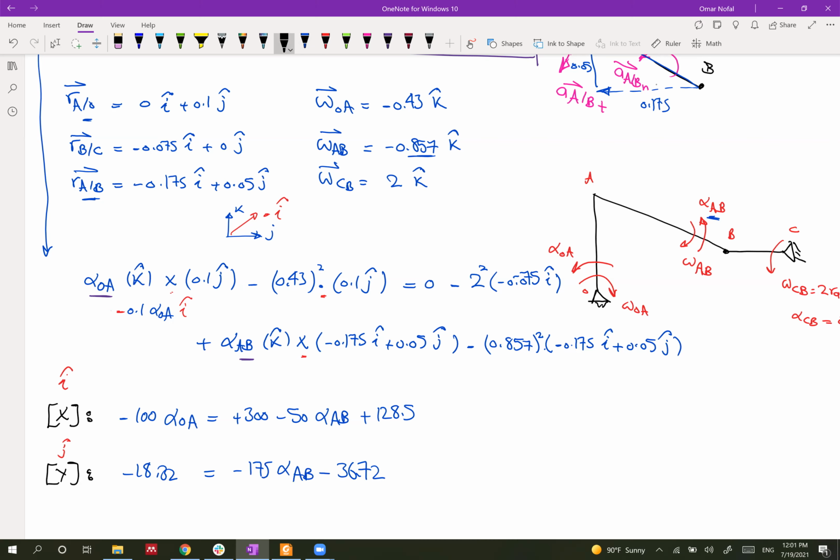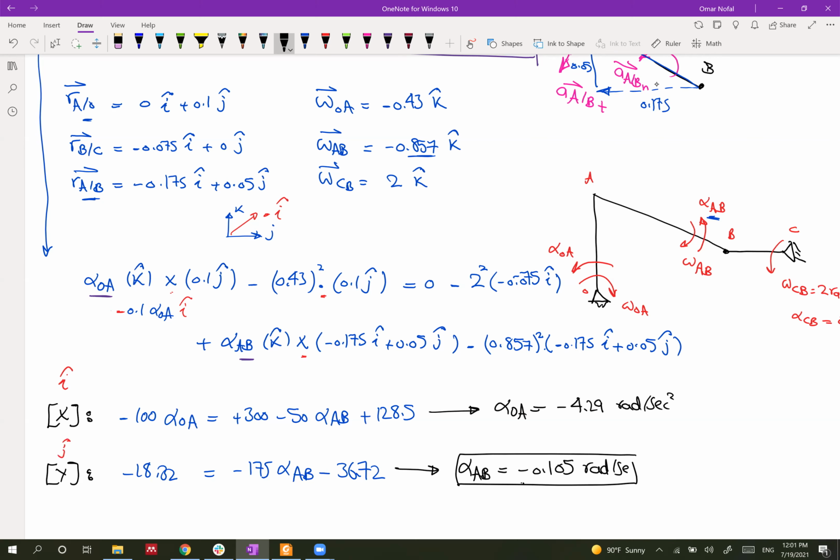From this you can get alpha AB, which equals negative 0.105 radian per second, which means the assumed direction is wrong and it should be in the opposite direction. Then substitute in the second equation to get alpha OA, which is negative 4.29 radian per second squared. And this is how we solve the problems.